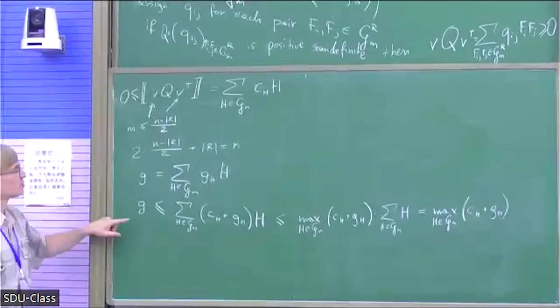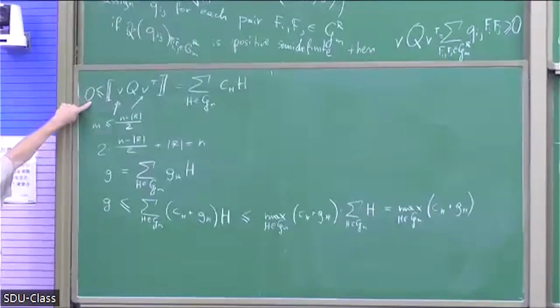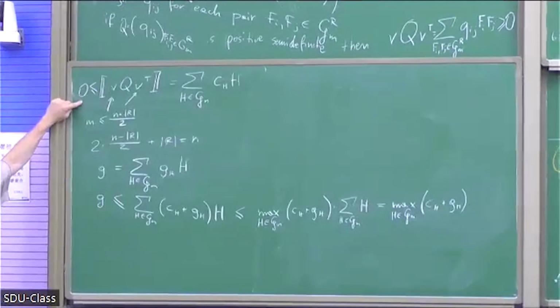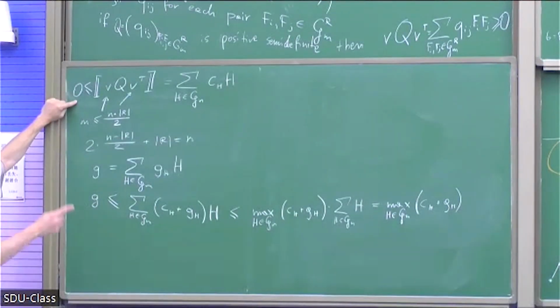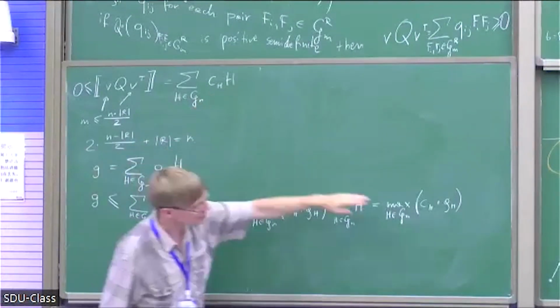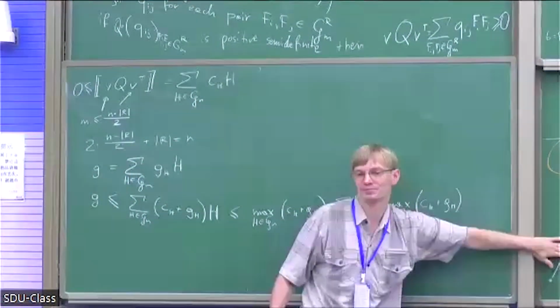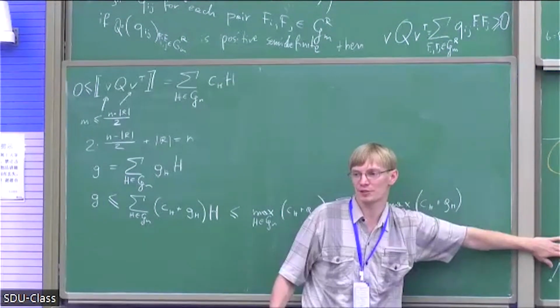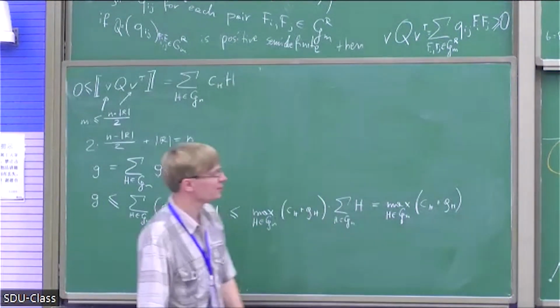So I use this inequality. I use the definition of multiplication and averaging to express it as some linear combination. Yeah, I have some linear combination of graph densities.